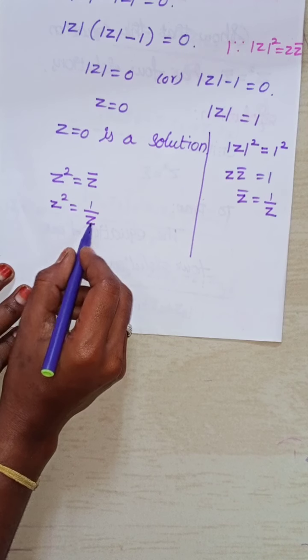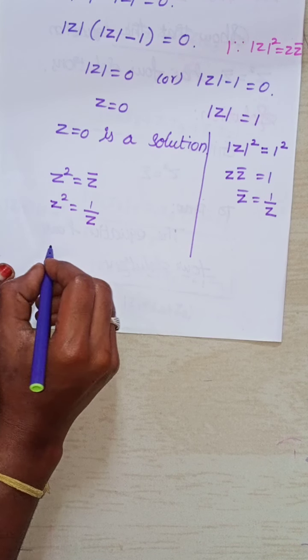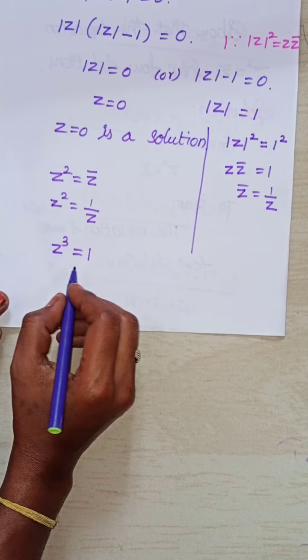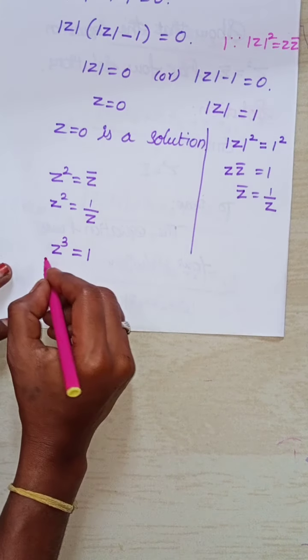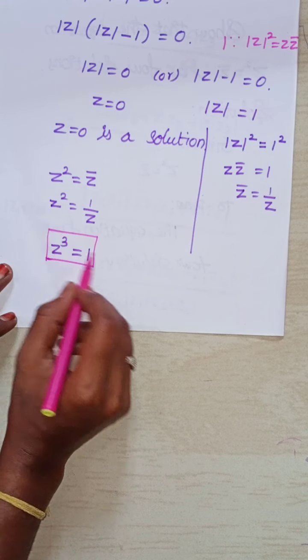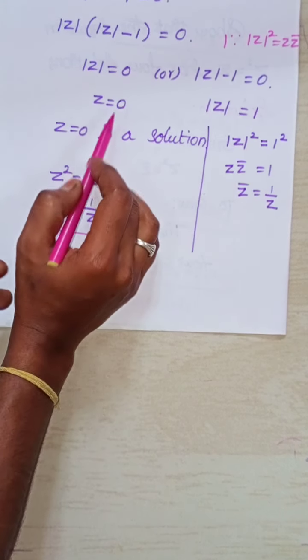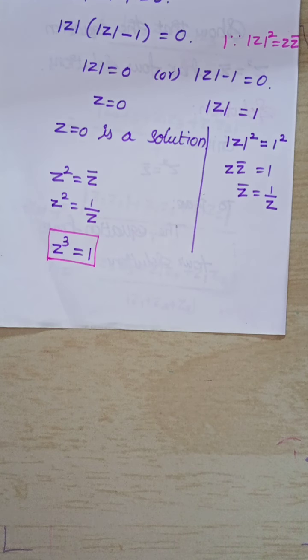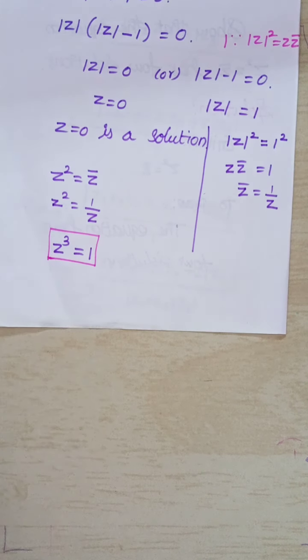Taking z to the left hand side, z cube is equal to 1. Simplifying this equation, we get 3 solutions. Already we found z equal to 0 as a solution. So finally we say this equation has 4 solutions.